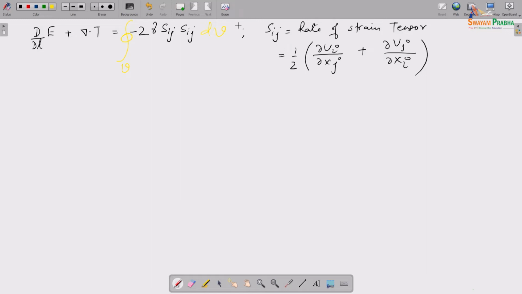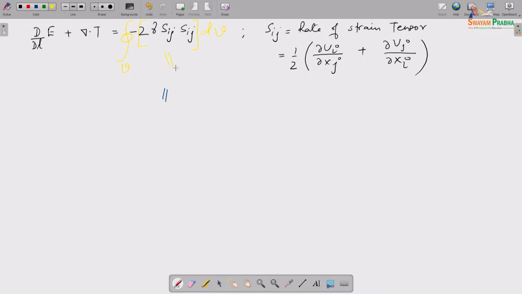Now this term, what I'm trying to say here is this term is always positive.